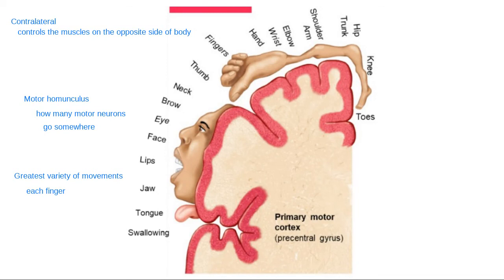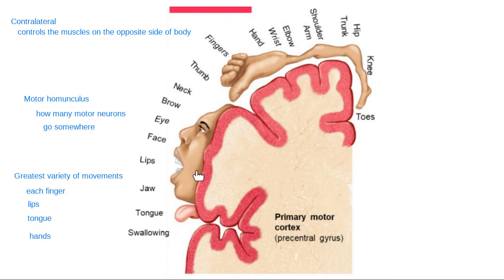Yeah, we're seeing things like face. So in particular, the lips, in particular, the tongue, and kind of the hands in general. Yep, so hands in general. The size of a body part tells me basically how many different movements I can do, because it tells me how much information goes to these places.